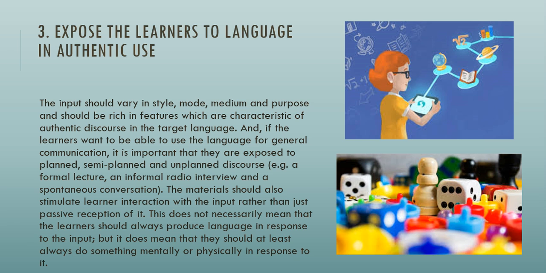Example: a formal lecture, an informal interview, and a spontaneous conversation. The materials should also stimulate learner interaction with the input, rather than just passive reception of it. This does not necessarily mean that the learner should always produce language in response to the input, but it does mean that they should at least always do something, mentally or physically, in response to it.